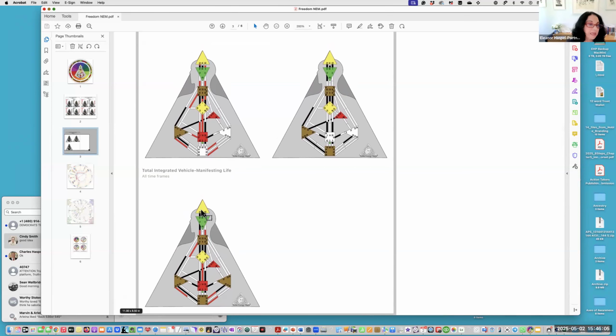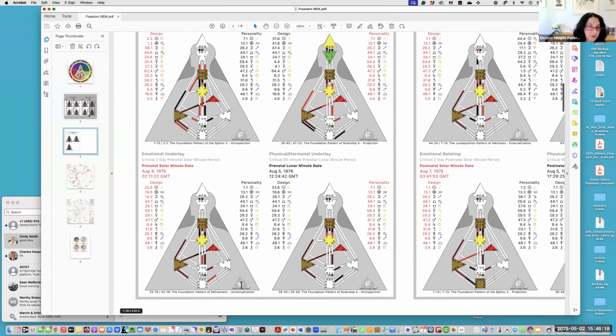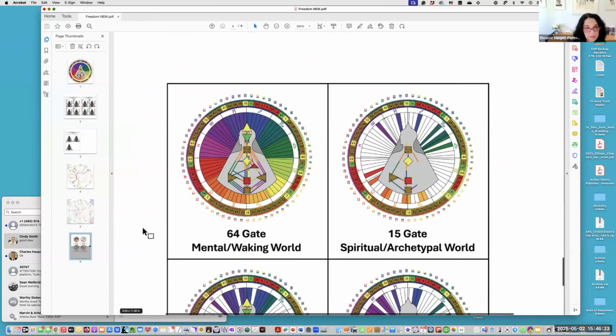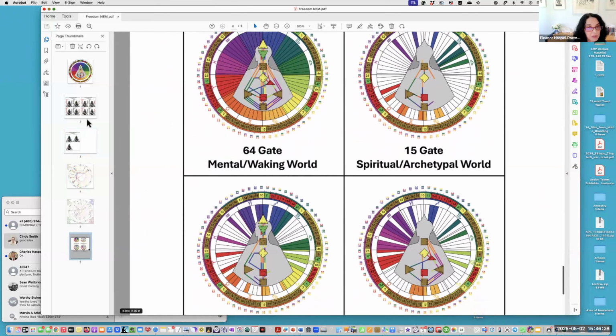I've been a TM meditator since 1974, and Maharishi, in the science of creative intelligence, often talked about creative intelligence. In the emotional angelic world, this design, it's a 33 gate matrix. So it's this matrix. I know it's small, but I don't want to change the rest.